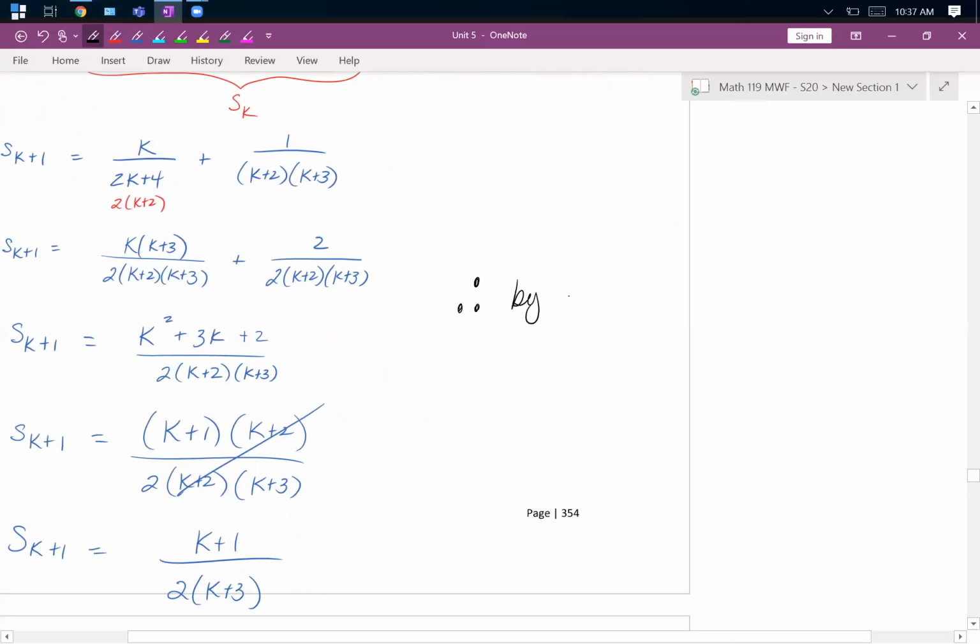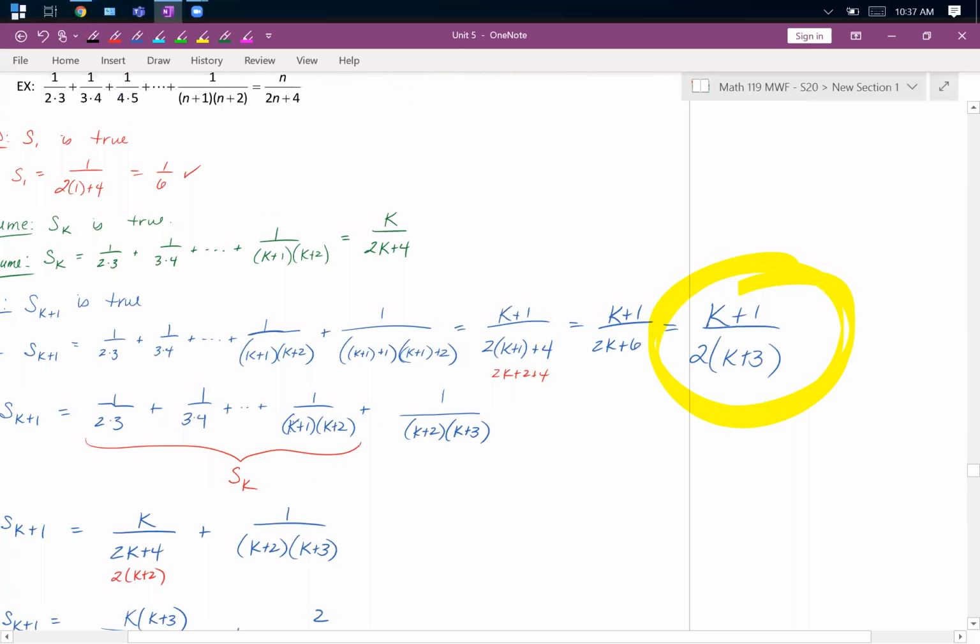Therefore, by mathematical induction, S sub n equals n plus 1 over, hold on, oh, that's not right.